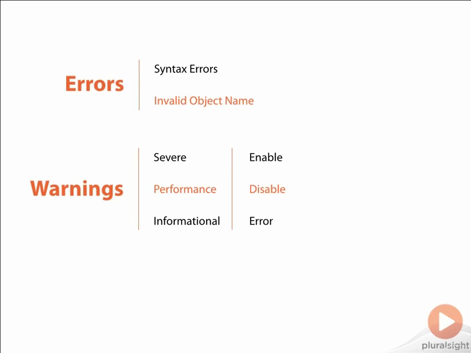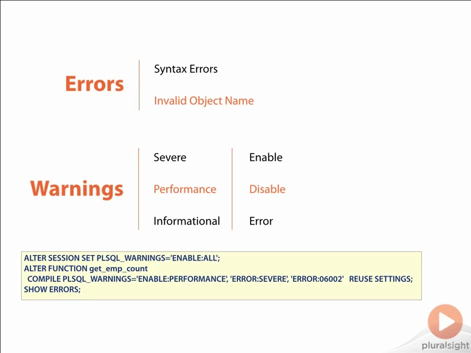So the compiler can help us catch informational situations like unreachable code or give us performance warnings for unnecessary implicit conversions. The commands to set them are the same as we saw in the procedure module. For example, we can use alter session commands to set the warning levels to be enabled for the session.